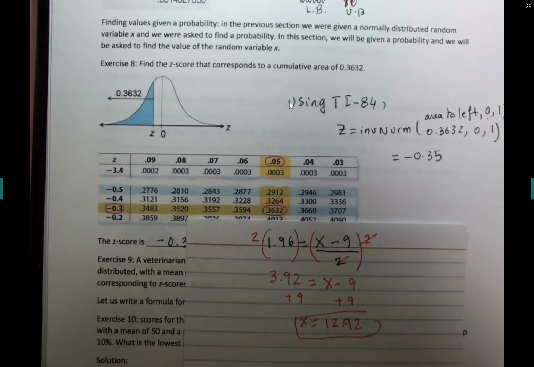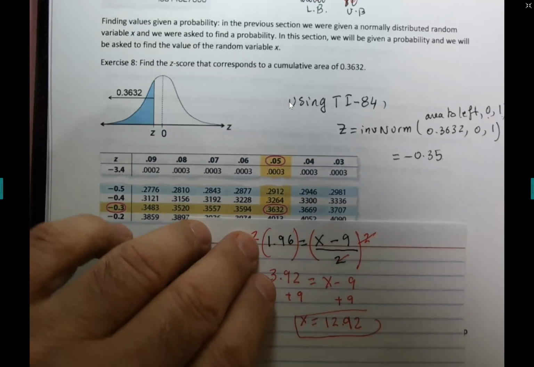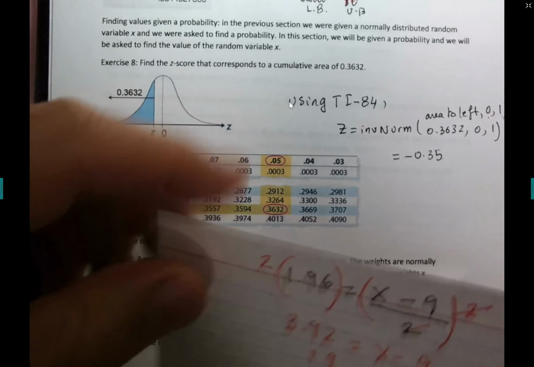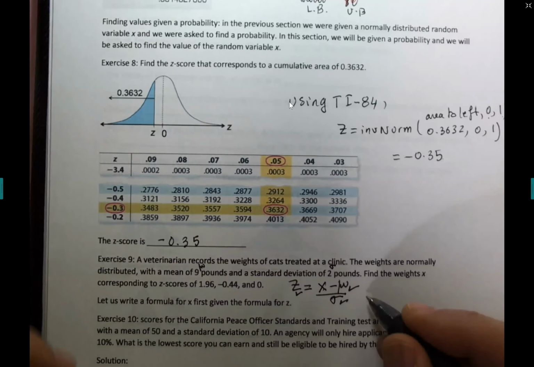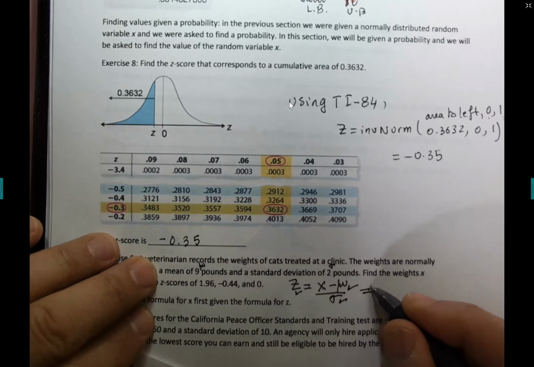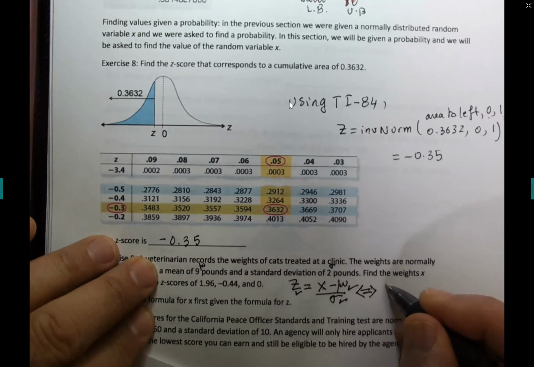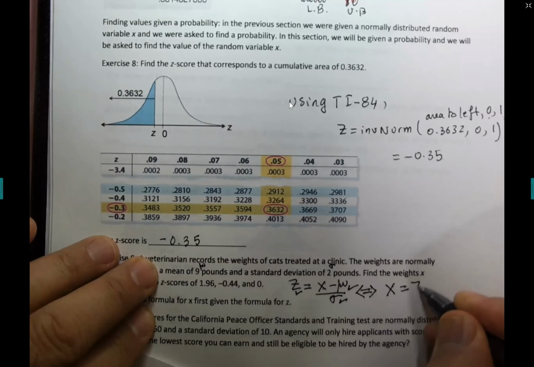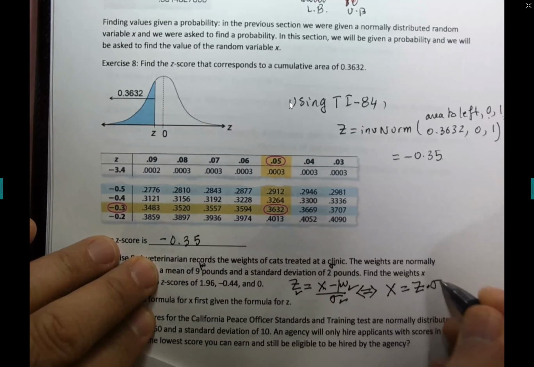But we're going to make matters simpler. So I'm going to give you this formula. If I try to solve for x, guys, from this, x turns out to be z times sigma plus the mean.